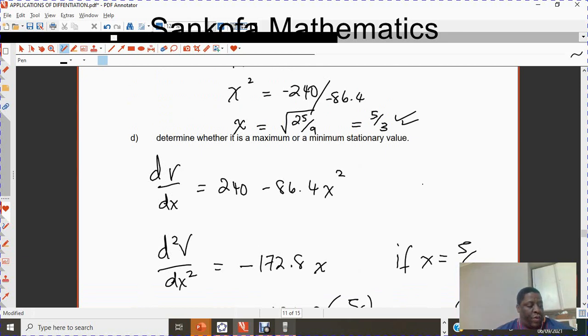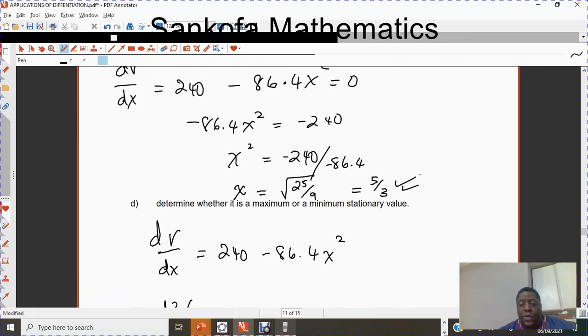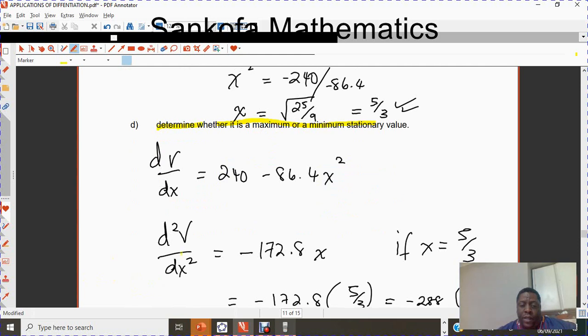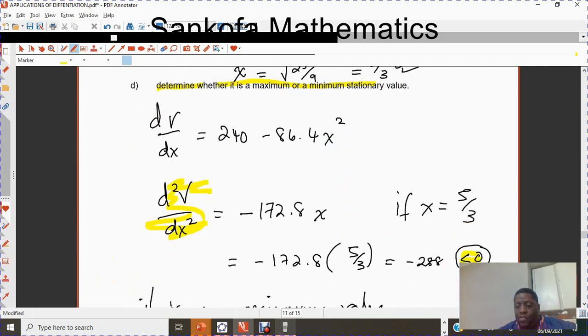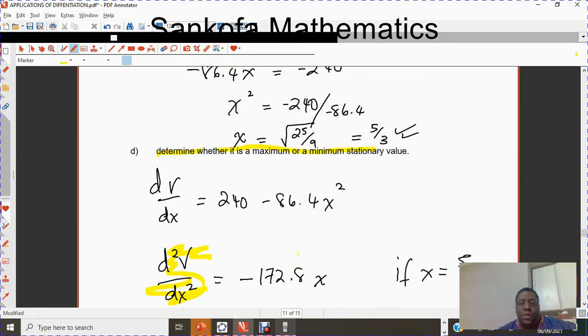You need to know when you're supposed to differentiate, and when you're supposed to take the second derivative, especially when you need to determine whether something is a maximum or a minimum. That is where we take our second derivative. And if that value is less than 0, we are now talking about a maximum.